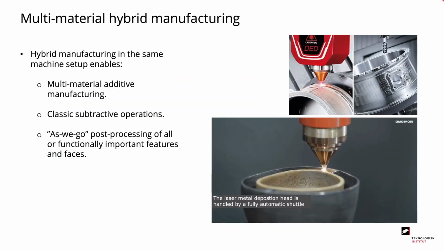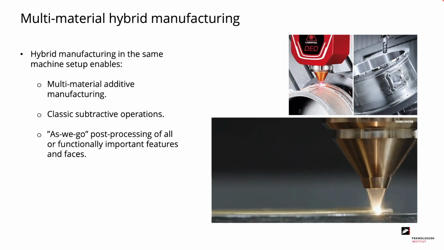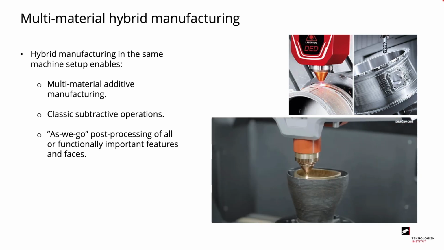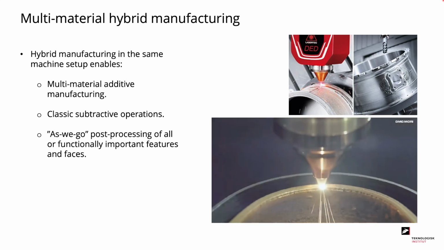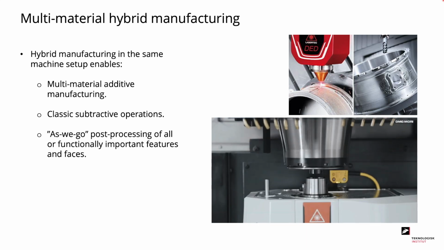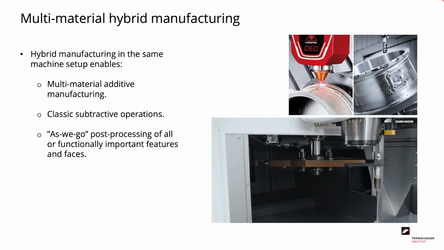You can also have multi-material hybrid manufacturing. The hybrid manufacturing in the same machine setup enables multi-material additive manufacturing using classic subtractive operations, which allows for as-we-go post-processing of all functionally important features and phases.